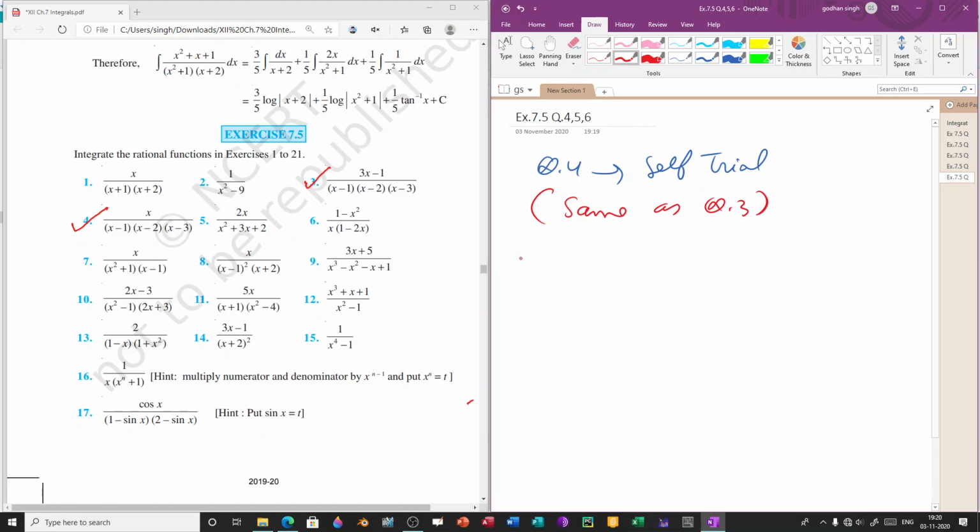Question number 5 is also a very simple one. It is to be done the same way as question number 1. Again it is for self trial. What you have to do is just factorize the denominator.